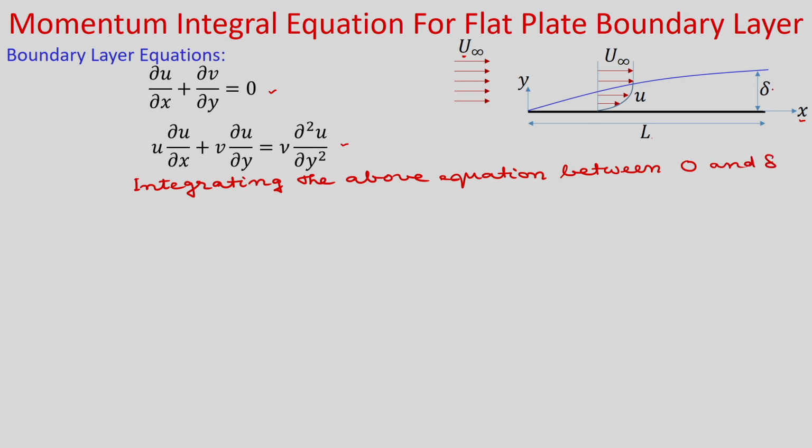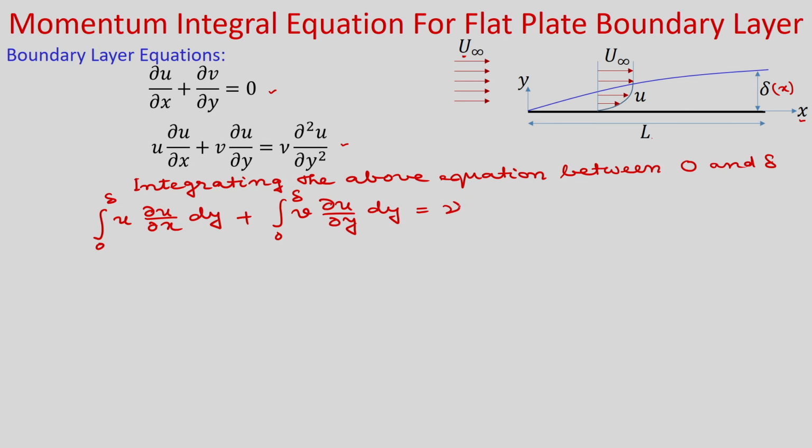Delta is the boundary layer thickness and you know that this is a function of x. So, we will write the terms as integral 0 to delta u del u by del x dy plus integral 0 to delta v del u by del y dy is equal to nu.